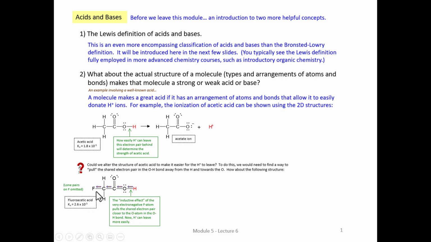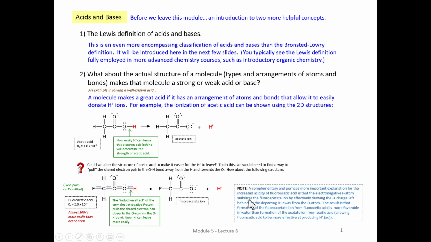So here's fluorine, because it's very electronegative, pulling electron density toward itself, which has the net effect of pulling the shared pair closer to the oxygen, making it easier for H+ to leave. And now we get the formation of the fluoroacetate ion and a hydrogen ion. And again, as I mentioned previously, fluoroacetic acid is almost 100 times more acidic than acetic acid.